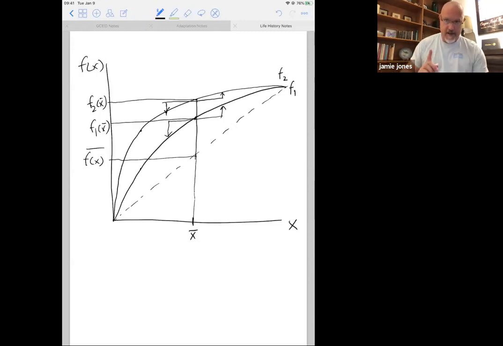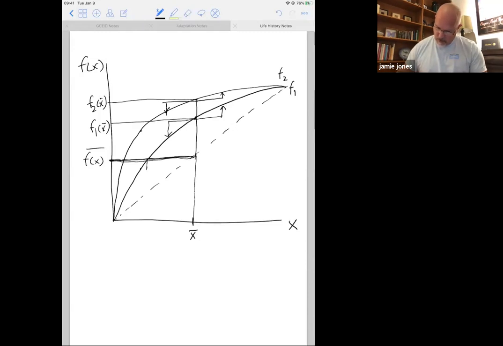Okay, so what does this mean for the willingness to pay for certainty? That's the certainty premium, and we can figure out what the certainty premium is by figuring out where this line segment that connects the mean outcome with the curves, when taken back to the y-axis, crosses the fitness curves F1 and F2.